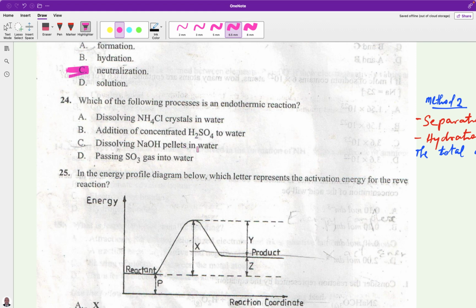What you will notice is that as the sodium hydroxide pellets are dissolving, heat is being released.